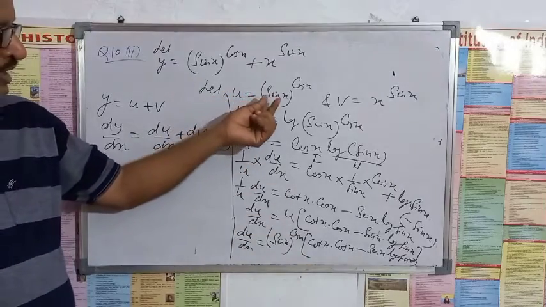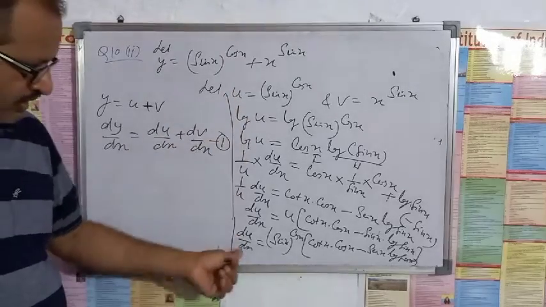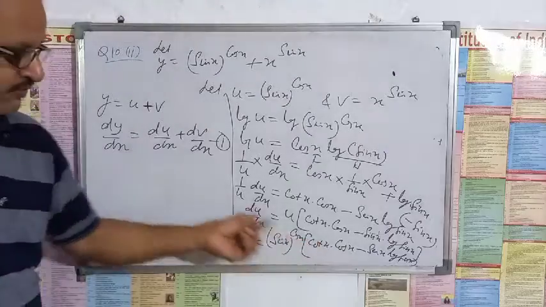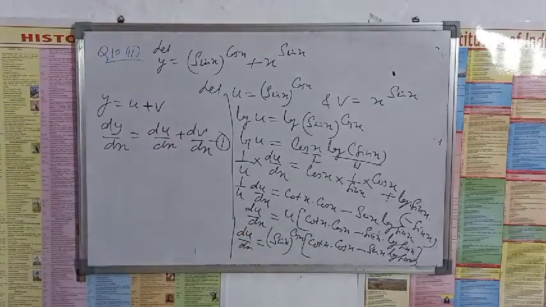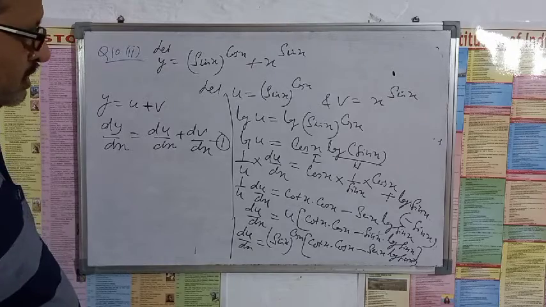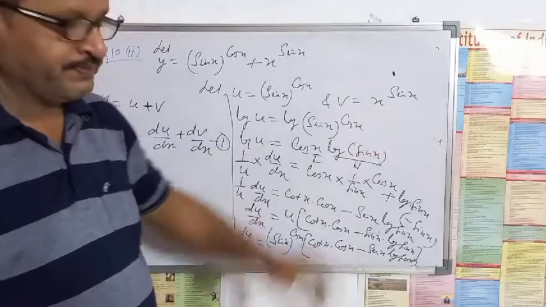So we have supposed here sin x to the power cos x is u, and we have found du by dx is this much. We can put here du by dx, this one. Okay. So next we have to find dv by dx from this.